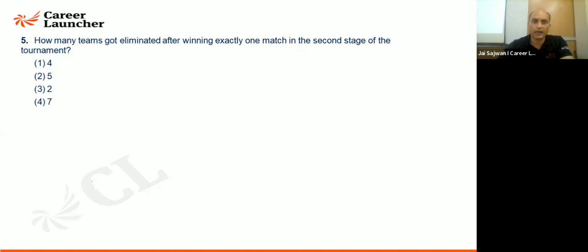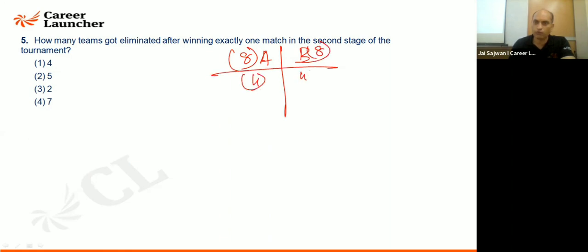How many teams got eliminated after winning exactly 1 match in the second stage of the tournament? You remember, in the second stage, from the 2 groups A and B, where 8 teams were there, only 4 of them moved from here and 4 from here. They are going to play with each other.